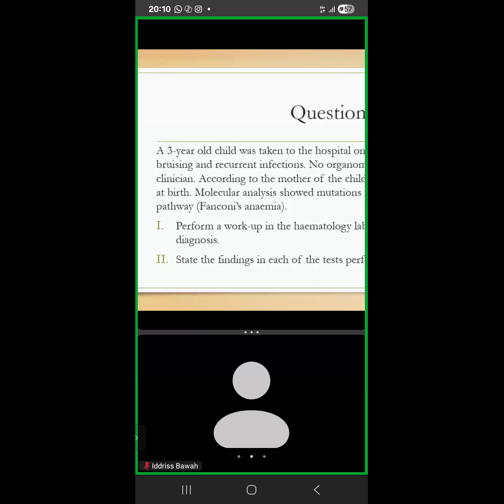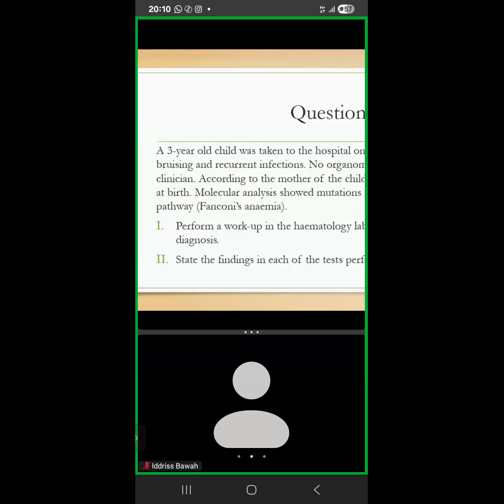Another thing that can happen is myelodysplastic syndrome. Also attributed to bone marrow failure. Destruction occurs in peripheral blood. So we are looking at the different possibilities, and then we call that differential diagnosis.